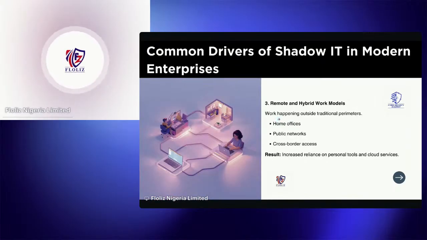Working from home and storing data across the border because of technology integration will also make tools that are personal to be adopted. So, take for example, you are using your mobile phone, and that mobile device has a backup on Google Cloud.